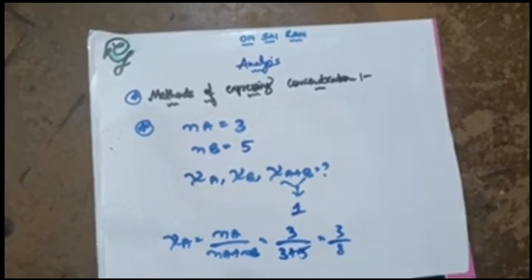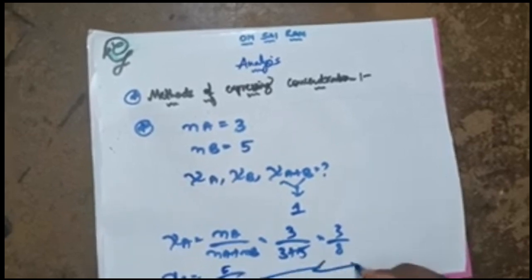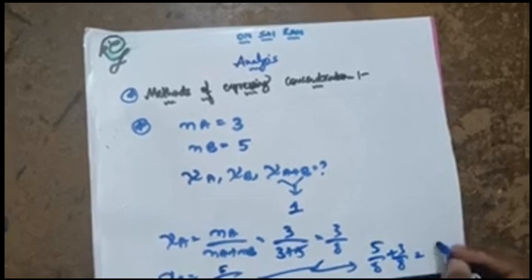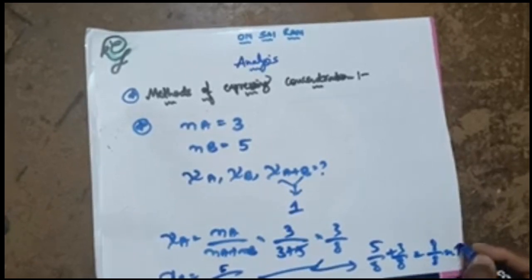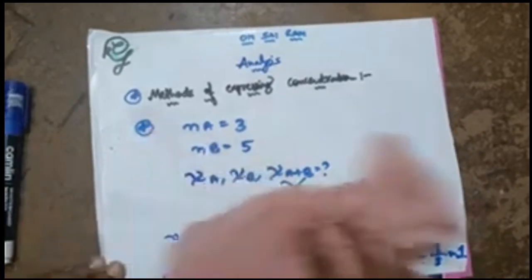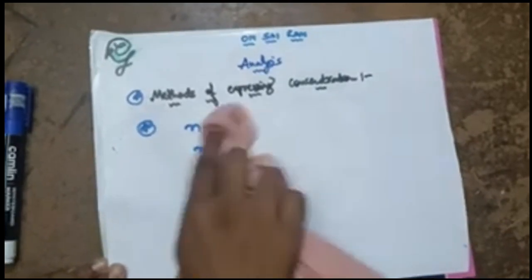Now the mole fraction of B is Nb by Na plus Nb, so that is 5 by 8. If you add these two, 5 by 8 plus 3 by 8 is 8 by 8, equal to 1.